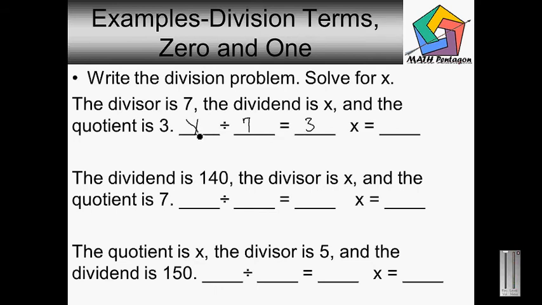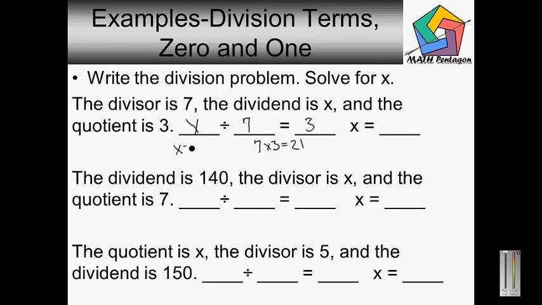So we have to figure out what is x. In order to figure out this problem, I would just do 7 times 3, which is 21, and that would be our x.